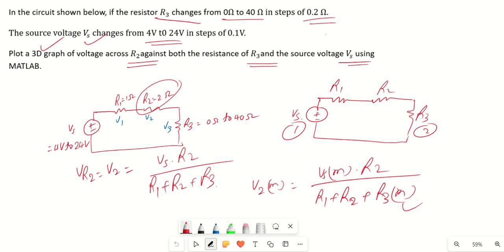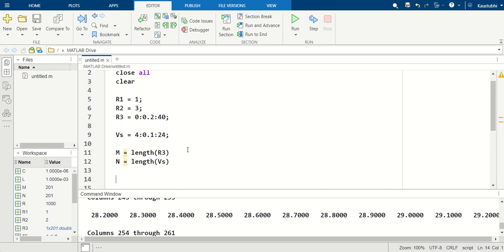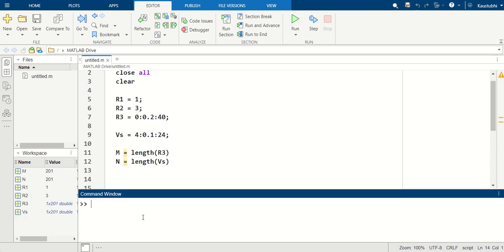So for each mth value of R3, we are going to get V2 of M. As you can see here, the values of M and N are both equal. If you want, you can run and see. So we have the value of M and N, which is 201 and 201. You can see the values here.